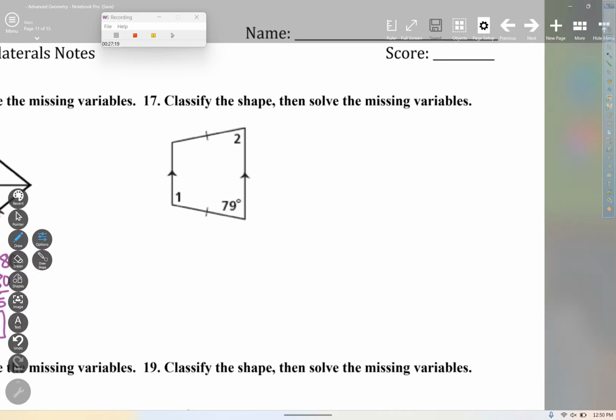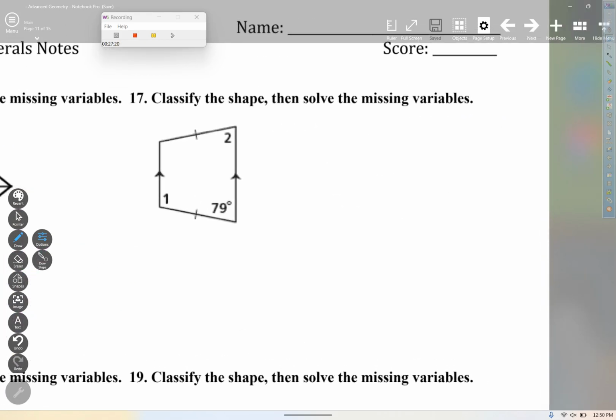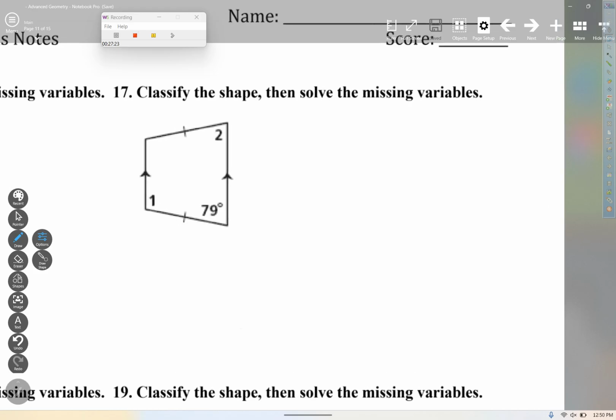Let's slide over to isosceles here. It says classify the shape, then solve the missing variables. I kind of gave it away, but let's go over why it's an isosceles trapezoid, because I know that I have one set of parallel sides, and then I have one set of congruent sides. So that's why it's an isosceles trapezoid. Awesome.